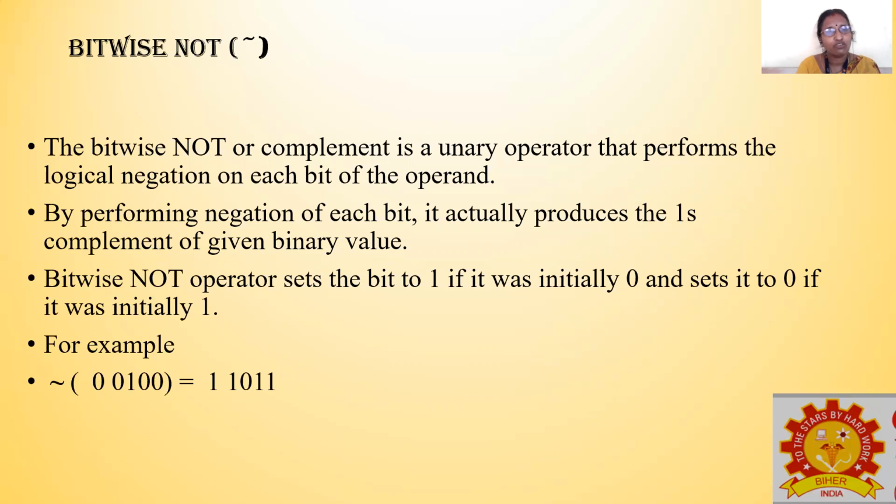By performing negation of each bit, it produces the ones complement of the given binary value. The bitwise NOT operator sets a bit to 1 if it was initially 0, and sets it to 0 if it was initially 1. For example, when you take the bitwise NOT of 00100, every bit will be complemented, and the complement of each and every bit will be given as the output.